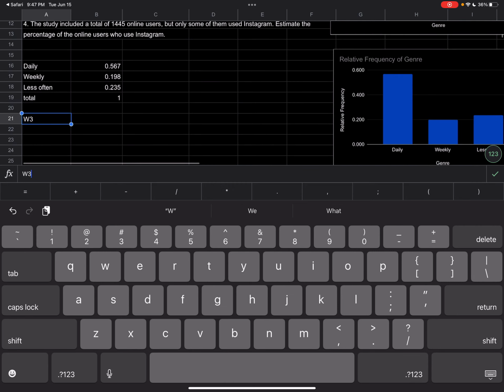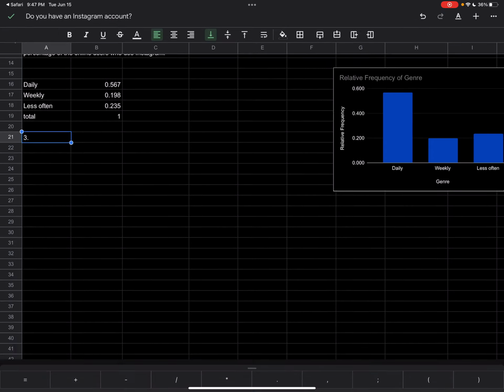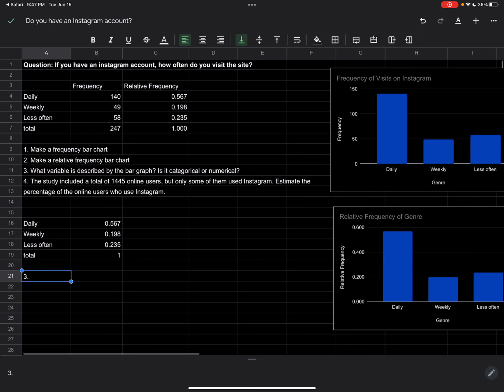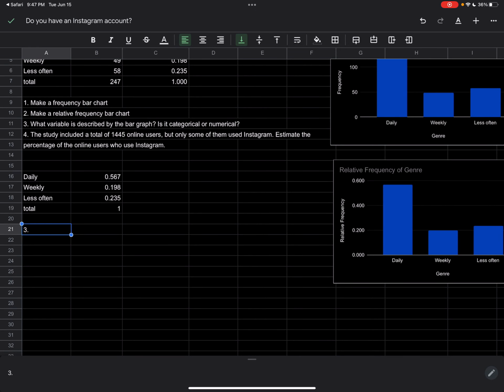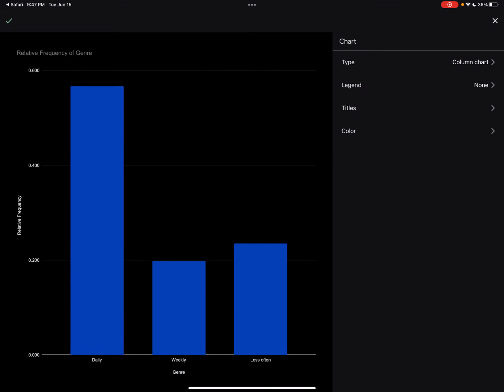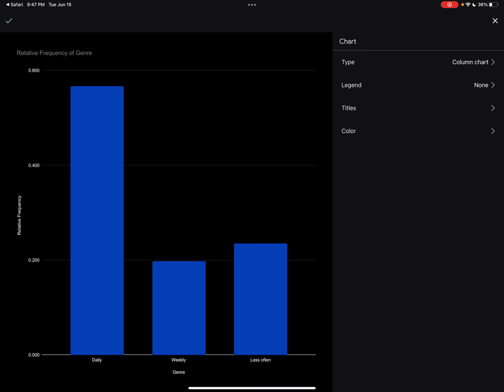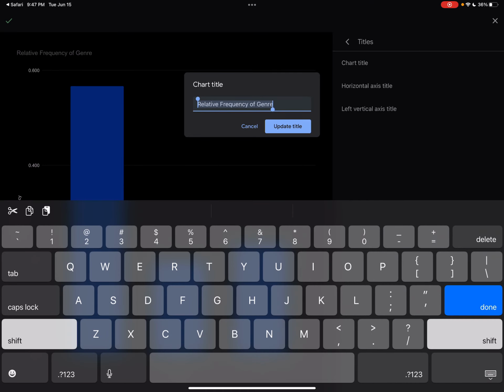There we go. Oops. Why do I keep making this mistake? I keep turning this into our movie example for some reason. So I've got to edit my chart here. My column title rather is not relative frequency here of the genre.